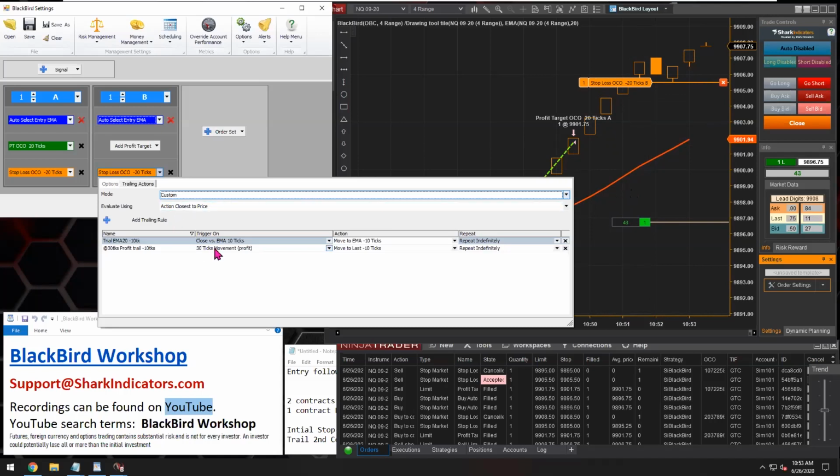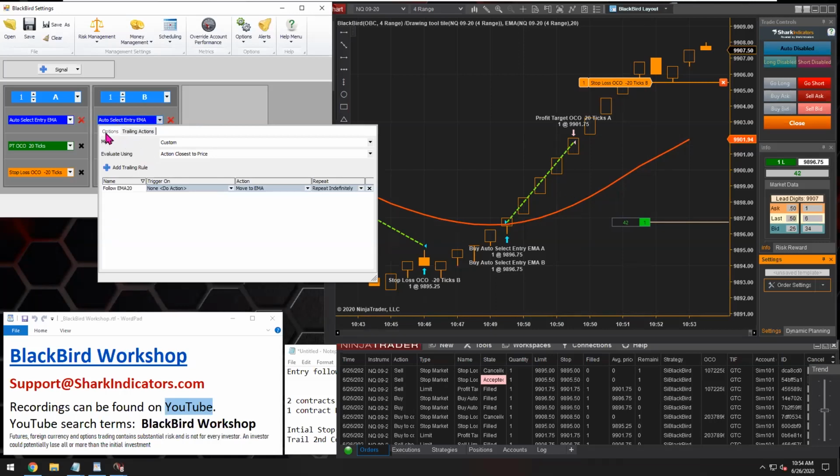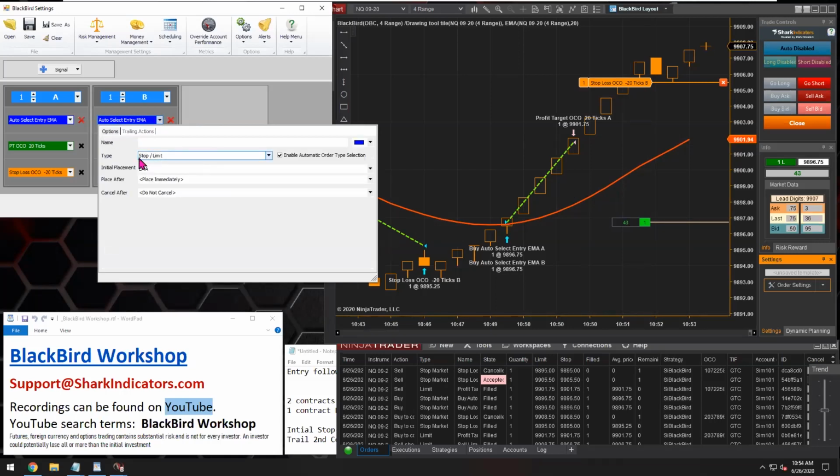So these adjustments allow you to place a trade in any direction, and the order types will automatically adjust as necessary. Again, the entry order will automatically adjust to whether it needs to be a stop entry or a limit entry, depending on what direction you want to trade and what side of the moving average your order is on.